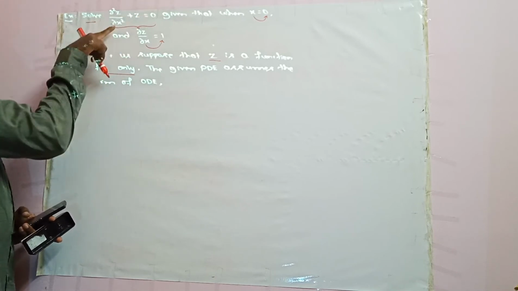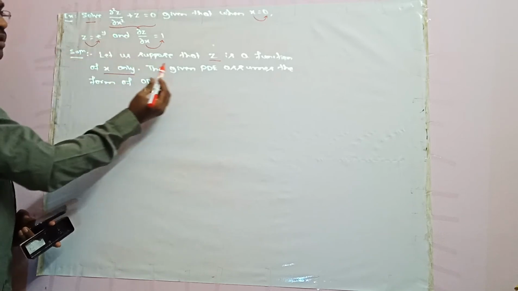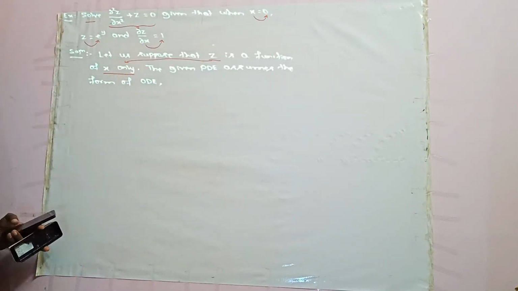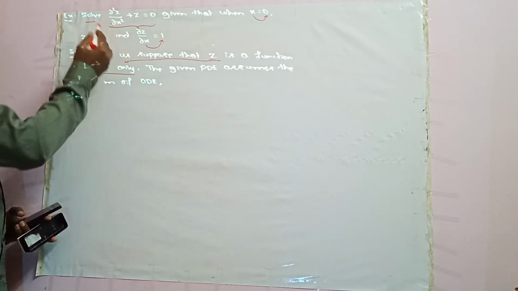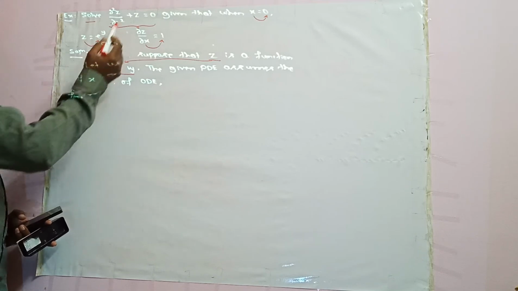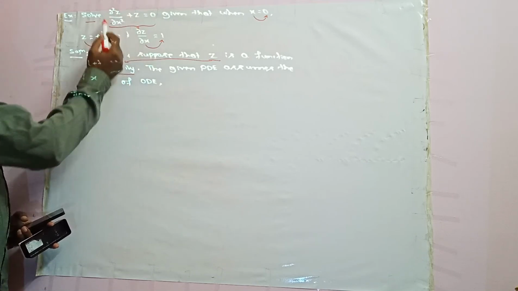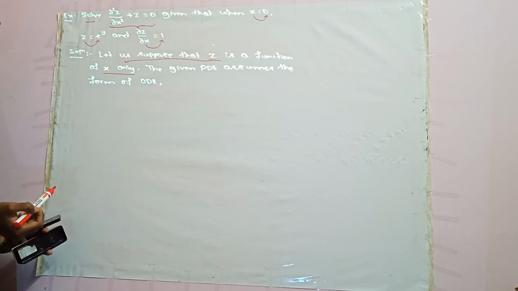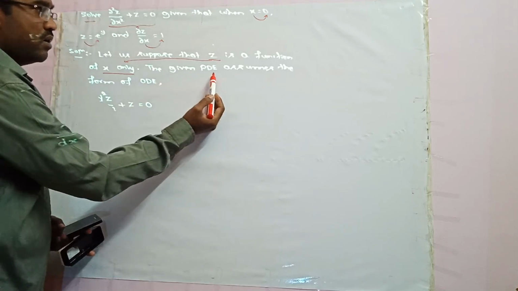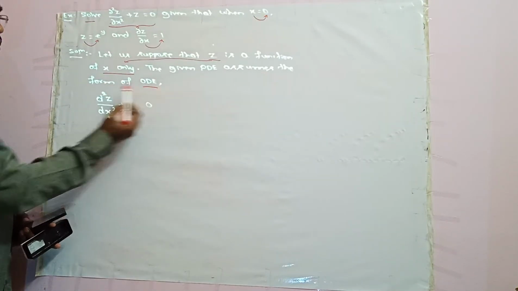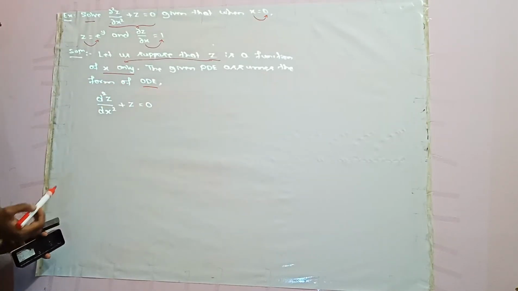When we assume z is a function of one variable, you can rewrite this PDE in terms of ODE, ordinary differential equation. Then the given PDE assumes the form of ODE. PDE gets converted to ODE.